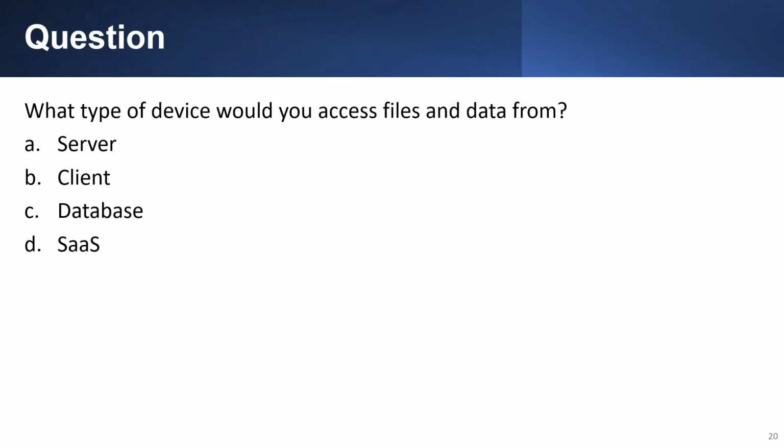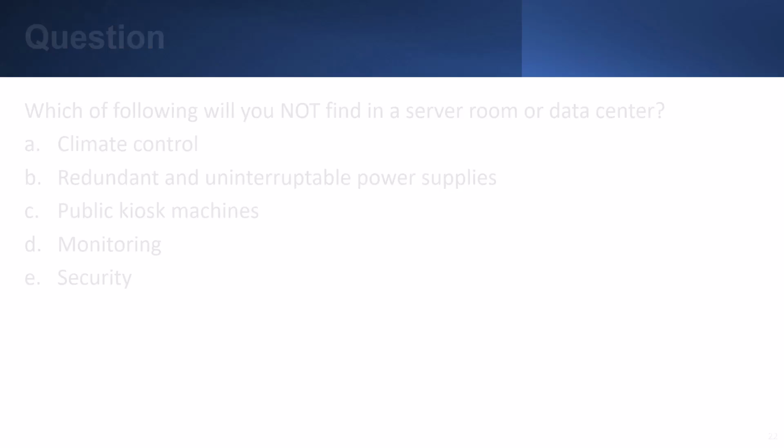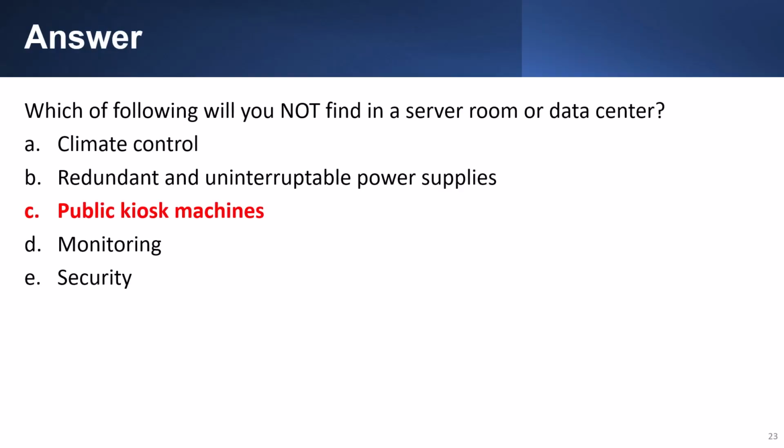Question: what type of device would you access files and data from? Answer: server. Question: which of the following would you not find in a server room or data center? Answer: public kiosk machines.